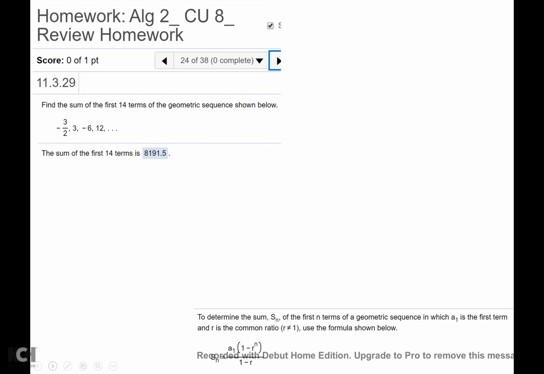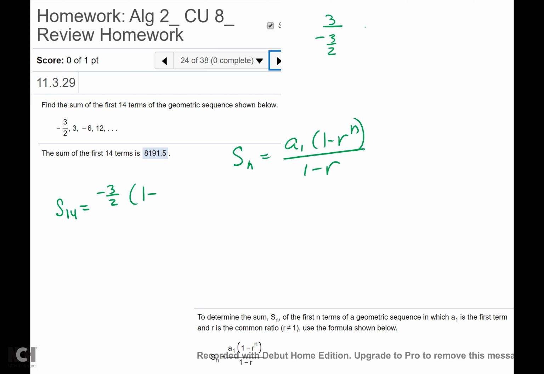Okay? Find the sum of the first 14 terms of the geometric sequence shown below. So again, we need the sum of the first n terms is a sub 1, 1 minus r to the n over 1 minus r. So the sum of the first 14 terms is going to be the first term, which is negative 3/2. 1 minus, to get my common ratio, I'm going to take 3 divided by negative 3/2.